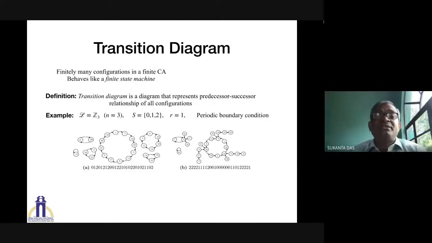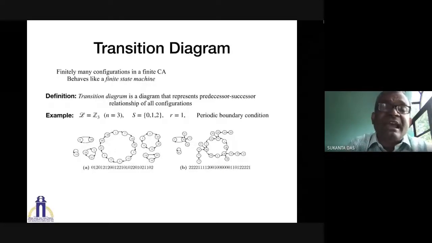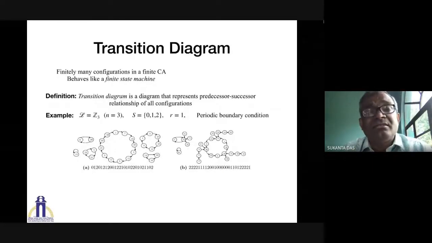Now observe that I have taken only n equal to 3, and how many states are there? Here also 3. So how many configurations are possible? It is always 3 to the power 3. In general, if you have n cells and k number of states, how many configurations will you get?